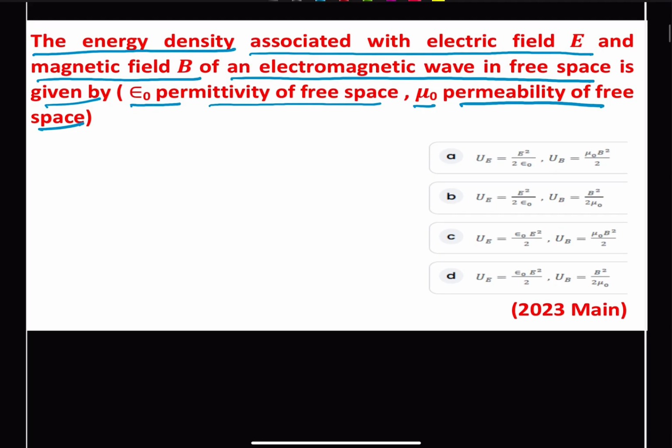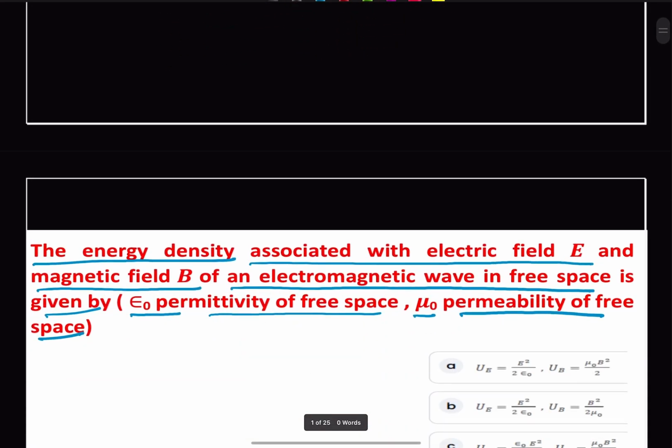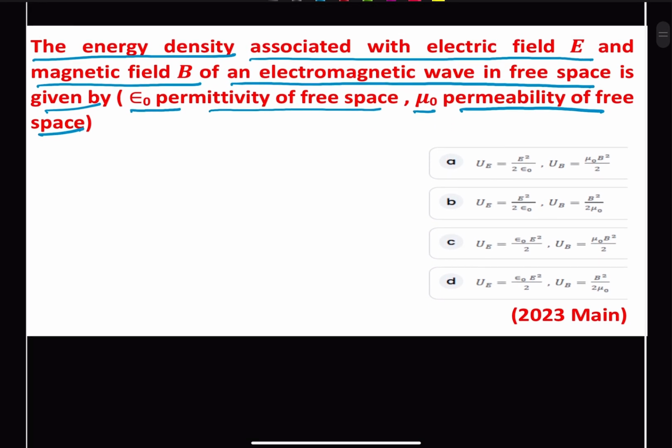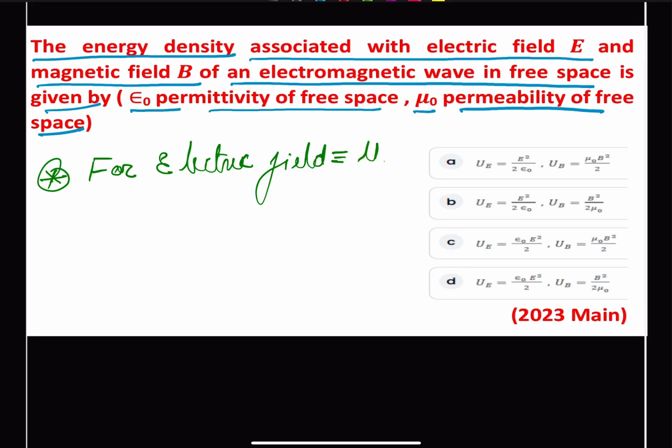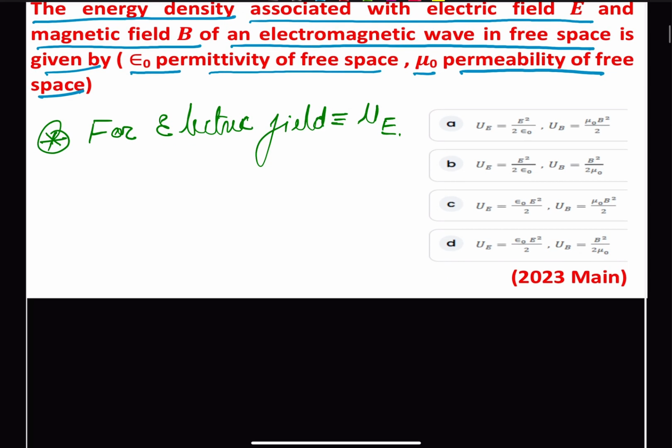So we know the standard formula for the electric field. If that is given as U of E, then U of E is equal to half epsilon naught E square.